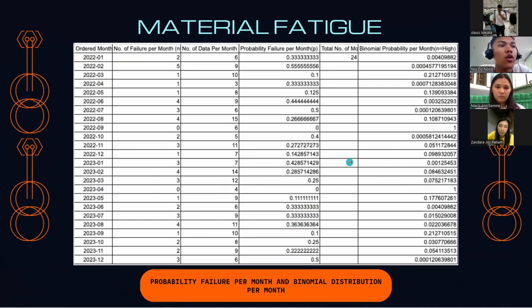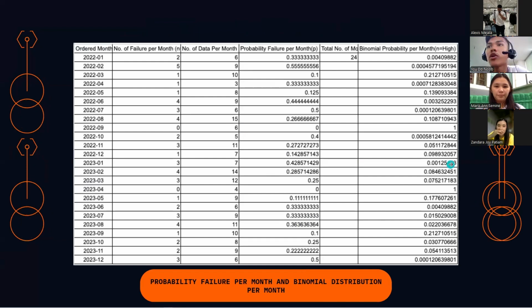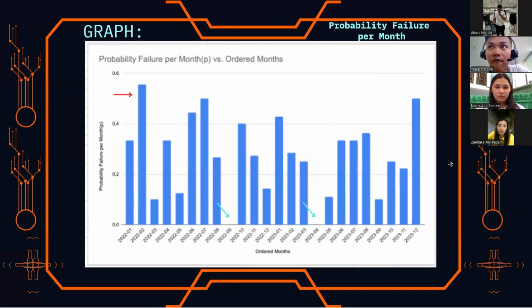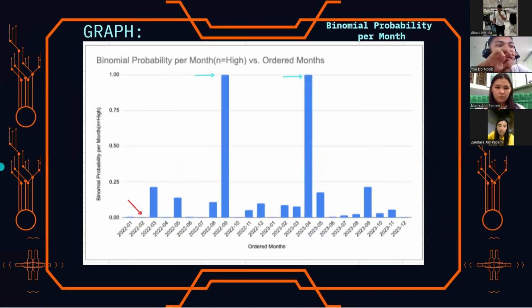Based on the graph of probability of failure per month, the month with the highest probability of failure is February 2022. Now, based on the graph of binomial distribution, the month of September 2022 and the month of April 2023 have the highest rating.